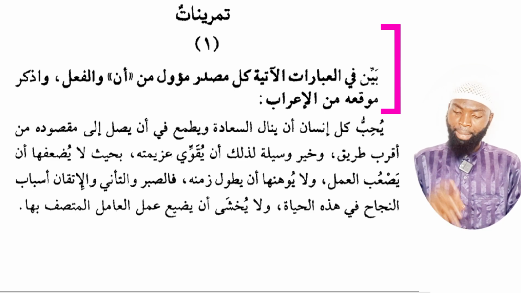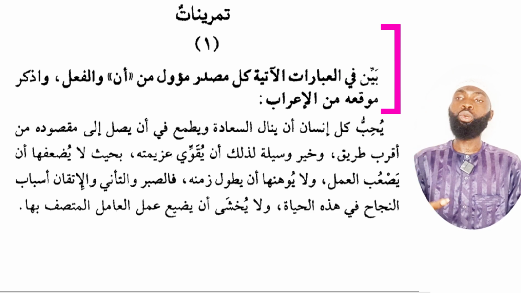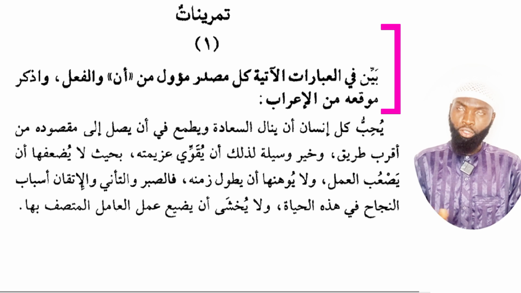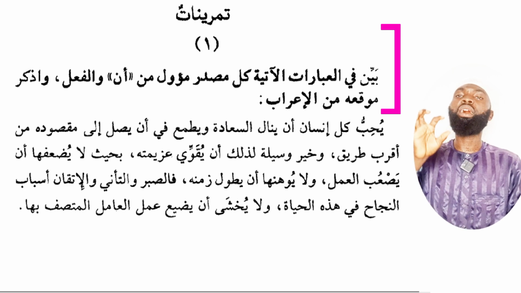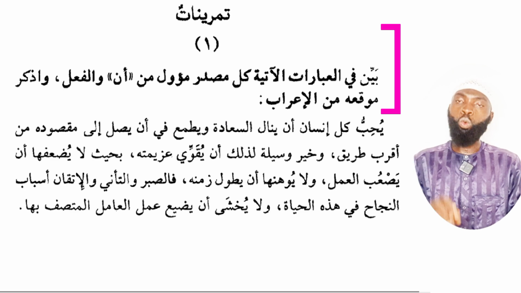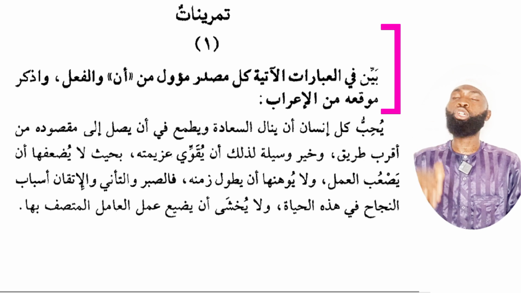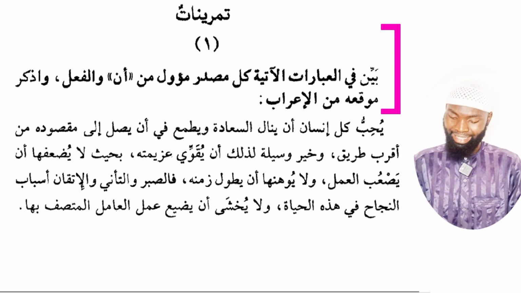It says, بين في العبارات الآتية كل مصدر مؤول من أن والفعل. You are to explain from the following expression all of the implied verbal nouns from the word an and a verb, وَذْكُرْ مَوْقِعَهُ مِنَ الْإِعْرَابِ, and explain its position in grammatical analysis.